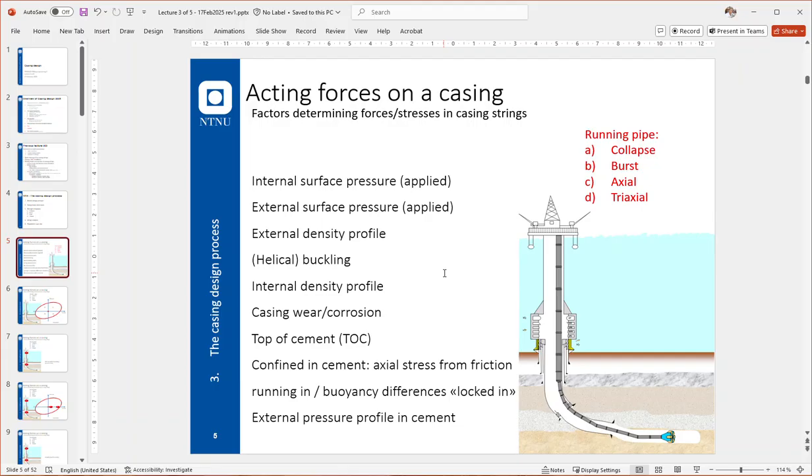That's why we have operations that sometimes say wait on cement, because having the bond between the casing and the formation is extremely important for integrity.